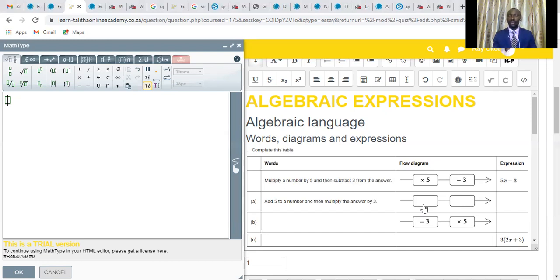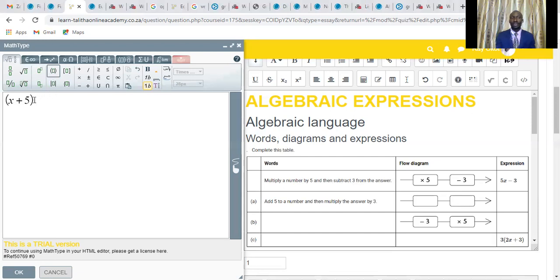The answer that we get is what we are supposed to multiply by 3. In a very simplified way, we think of any number, and to it we add 5. So what have we got? We have got x plus 5.